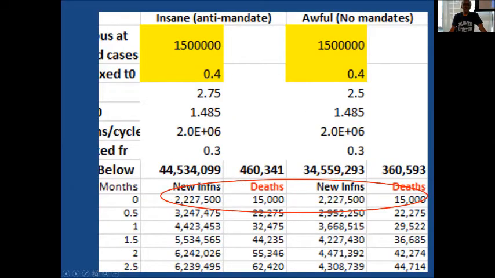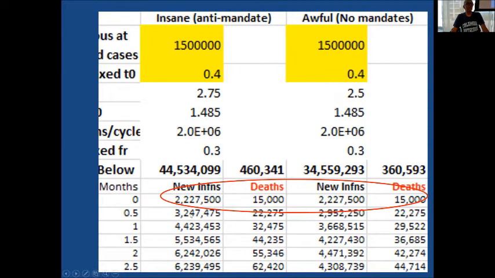And looking at the actual numbers, so the spreadsheet, the rows basically give the numbers of new infections and deaths with time. So what you see here, just looking at the first two, what I call insane and awful, either anti-mandate or just no mandates, they start at the same point.